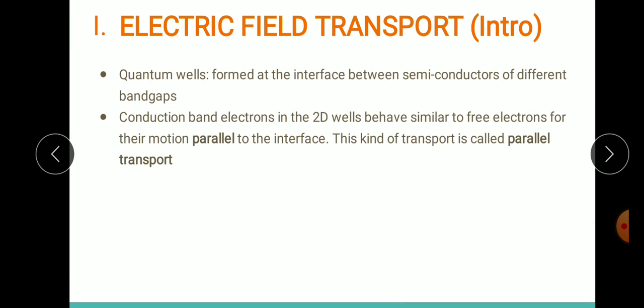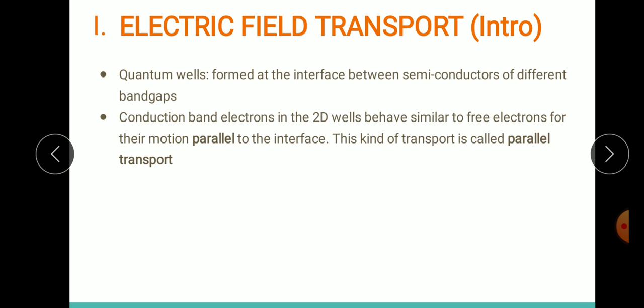Now what happens is the behavior of our electrons in this quantum well, when their motion is parallel to the interface, we call that kind of transport parallel transport.